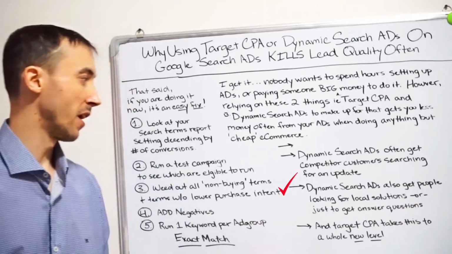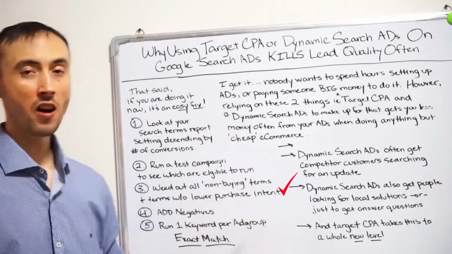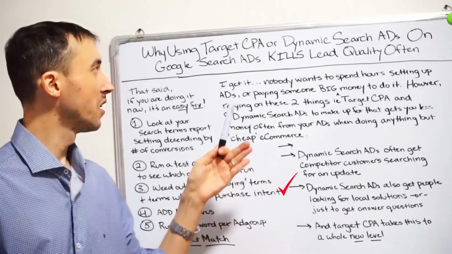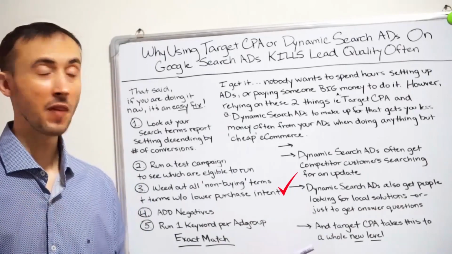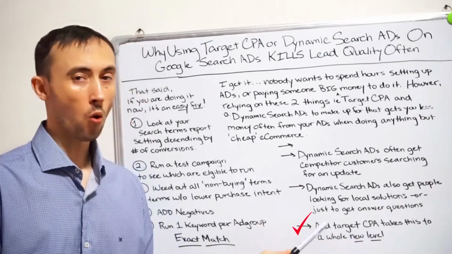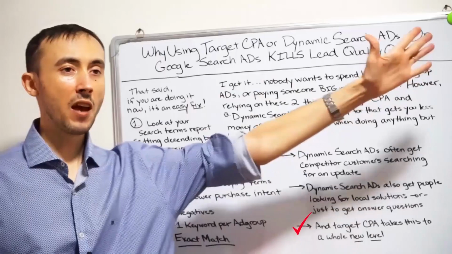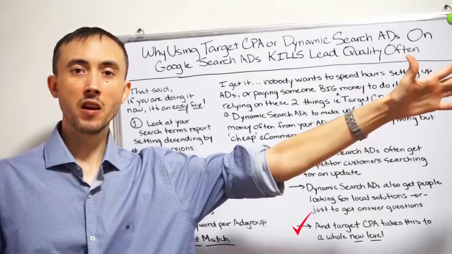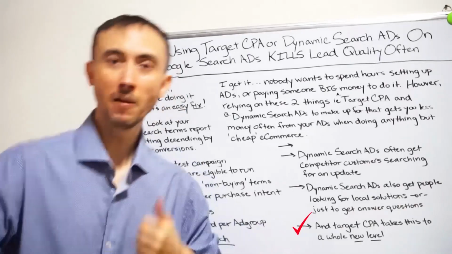So anyway, I got a little off track, but those are the main things with the dynamic search ads that are going to kill you if you're not selling at the $20 brim I talked about, okay? On top of this, I haven't talked about Target CPA yet, but if you run dynamic search ads and then run Target CPA on top of that, Target CPA takes this whole thing to a whole new level. They run the random ad, they get the person looking for a status update from somebody else.